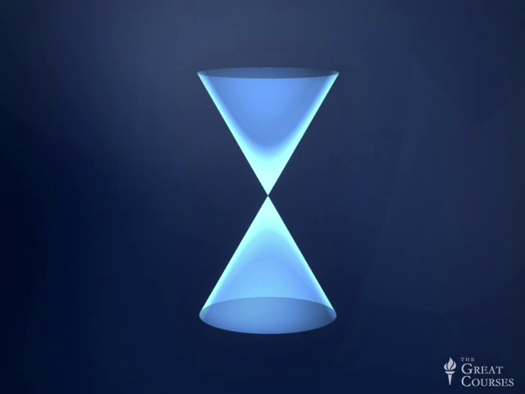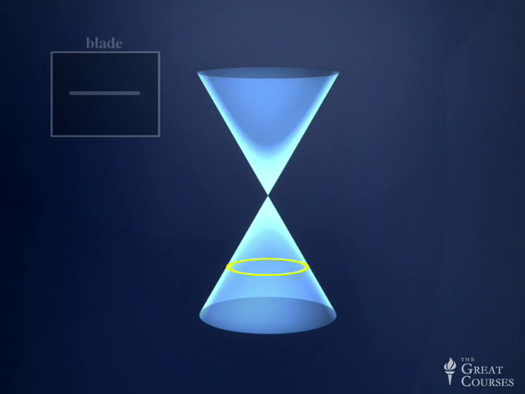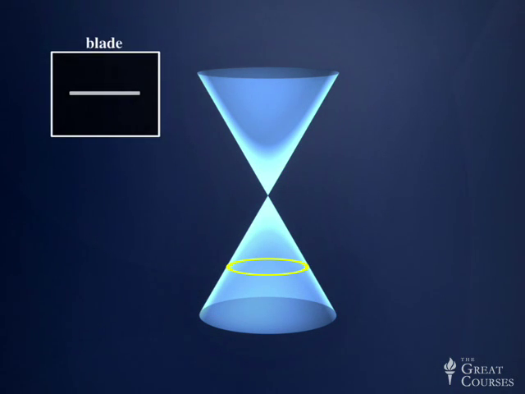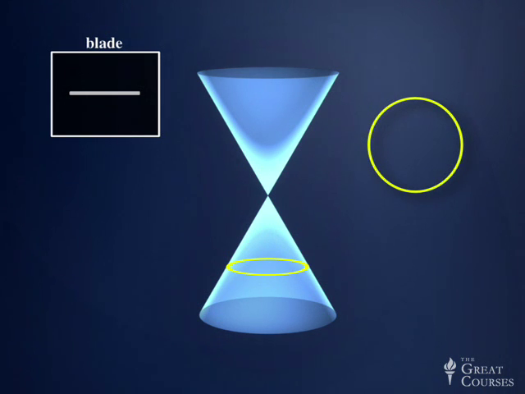So, for example, if the blade goes through one of the cones in a completely horizontal fashion, then the cross section will be a circle, as long as the blade doesn't accidentally go right through the place where the two pointed parts were touching one another.